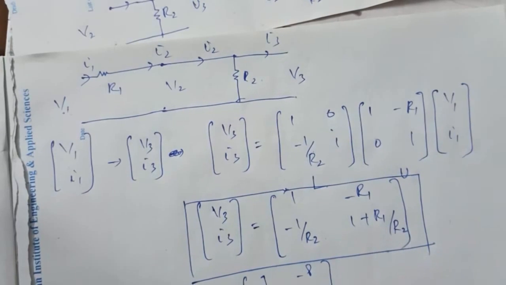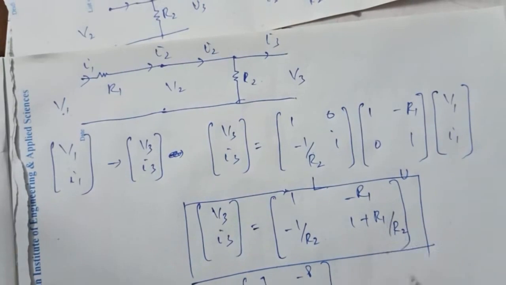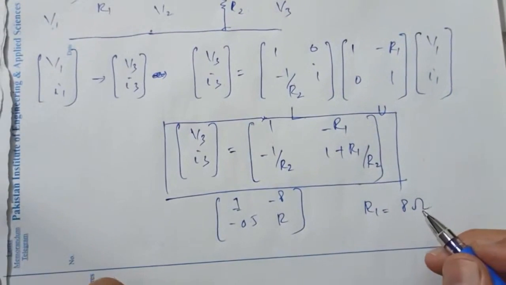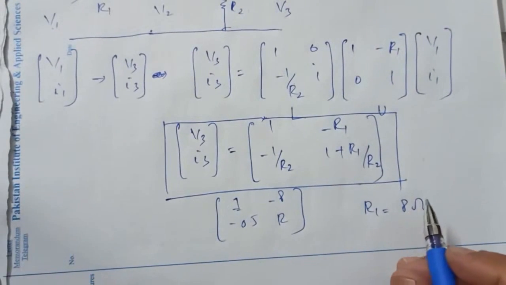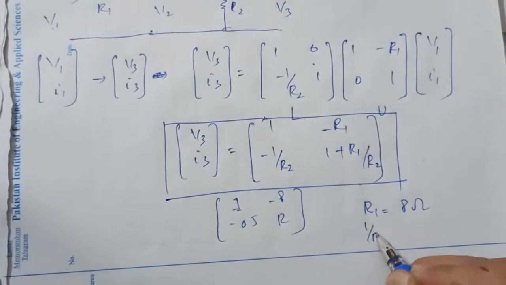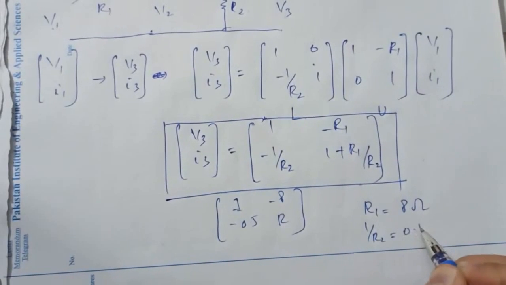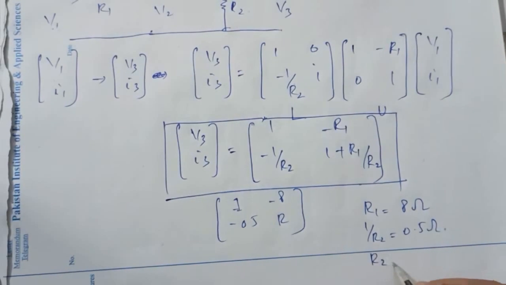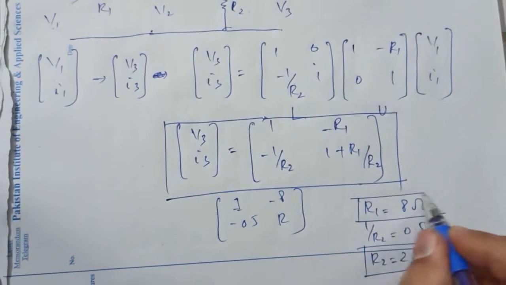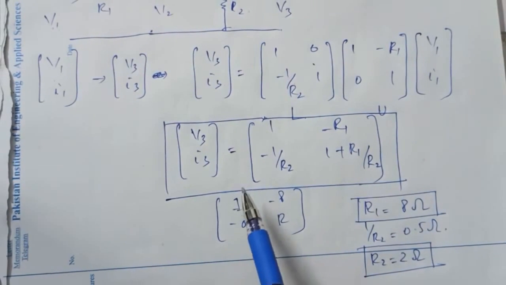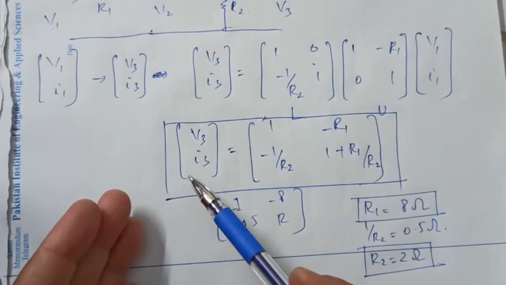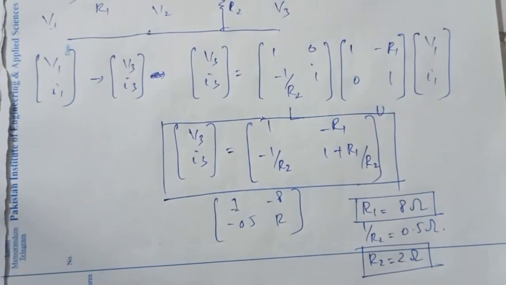So in this case we can directly get R1 equal to 8 ohms, and 1 over R2 equal to 0.5, which gives us R2 as 2 ohms. So we can simply calculate those values to get the desired transfer characteristics from V1 to V3. Okay.